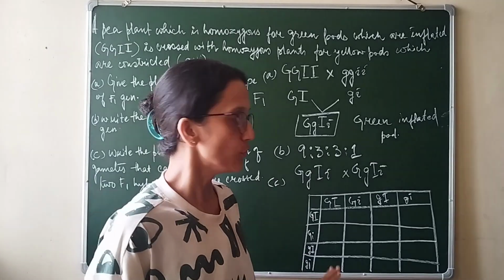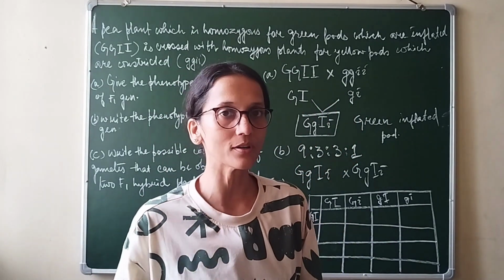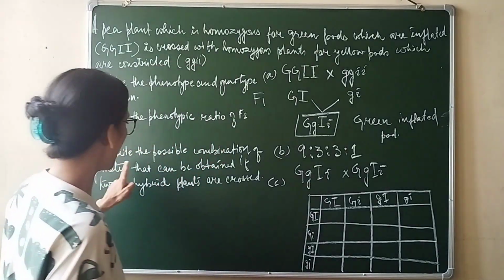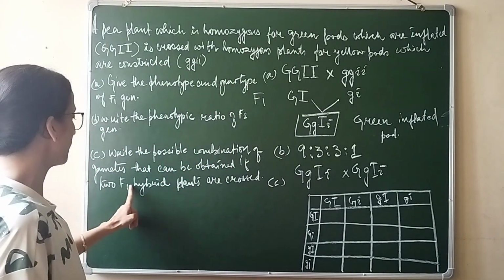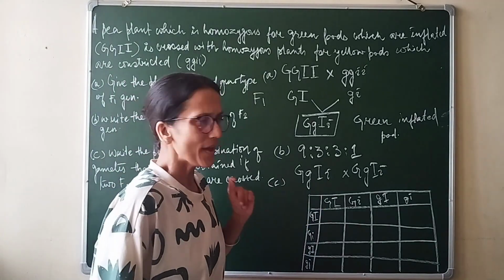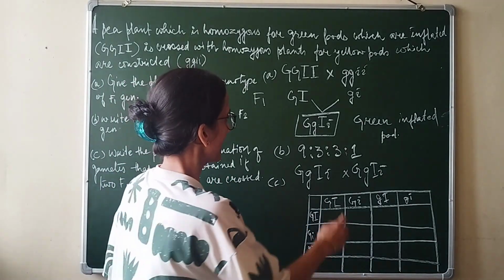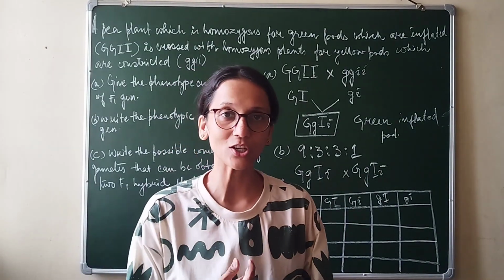That's all. You do not have to write the combinations here because that's beyond our syllabus. They have only asked you to write the possible combinations of gametes that can be obtained if two F1 hybrids are crossed. Now one more question that can be asked is, how are these F1 hybrids crossed? What kind of a pollination is that?